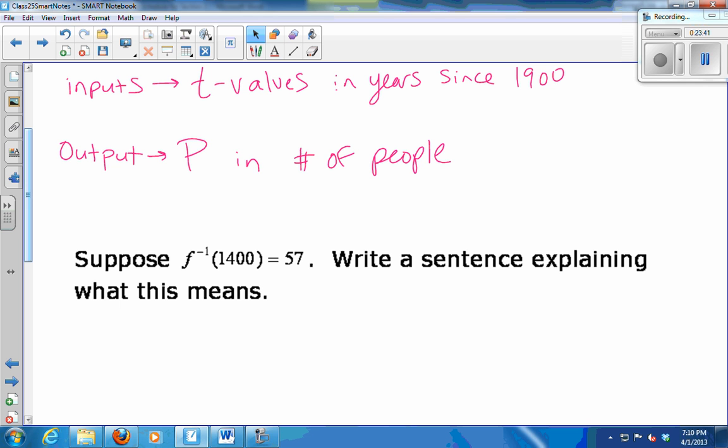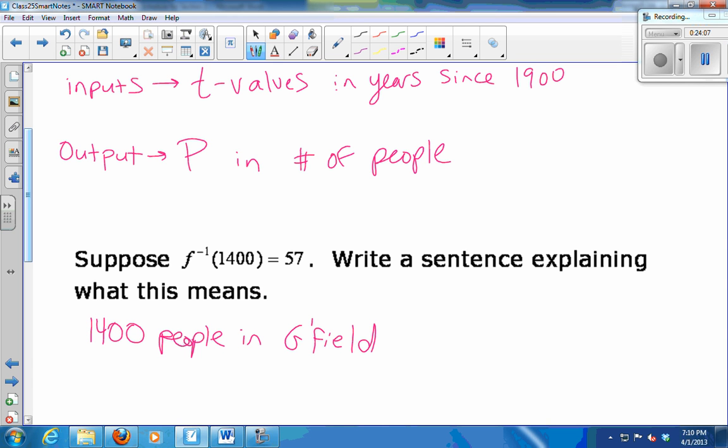Because inverse functions swap the role of input and output. So 1400 is an input for F inverse, which means it's an output for F, which means that 1400 represents what? Population of Greenfield. So 1400 people in Greenfield.